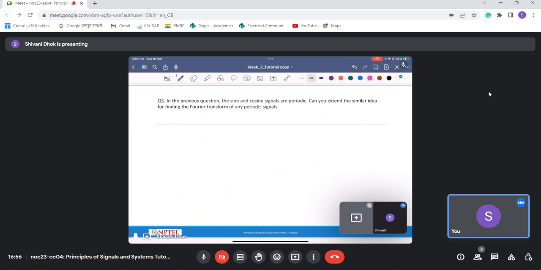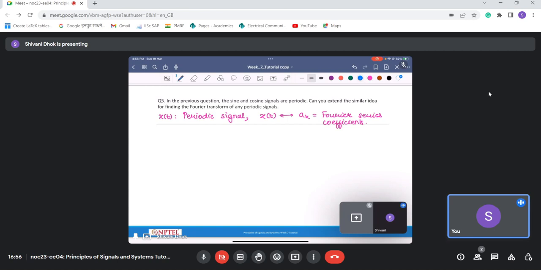We know that, let's say, x(t) is a periodic signal, and let's say this x(t) has Fourier series coefficients a_k.